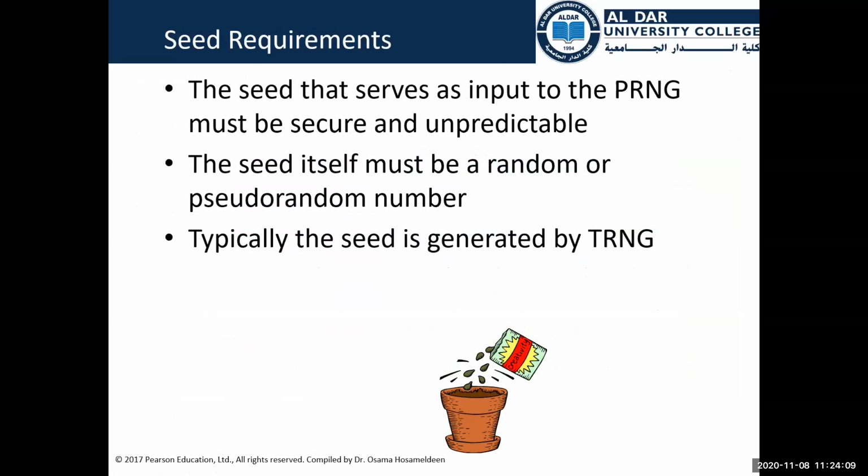Okay, so the seed itself, maybe you will say the seed is not clear for now. Why do we need a seed? It is the initial value for the random number generator.